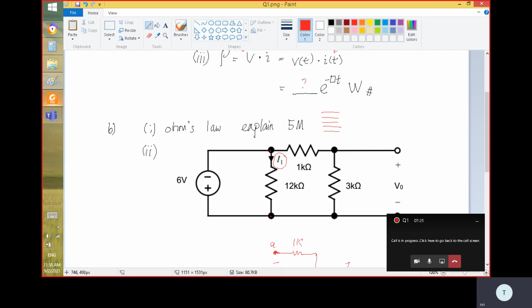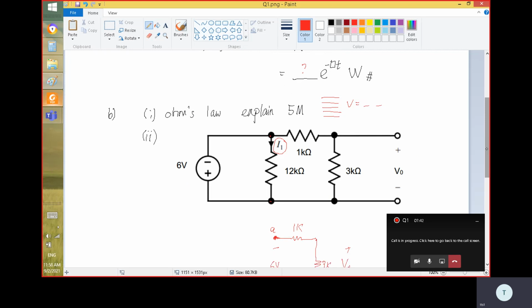You can also put in some equations to help you explain Ohm's law. I think one line is not enough to get the 5 marks, so you need to be more comprehensive.